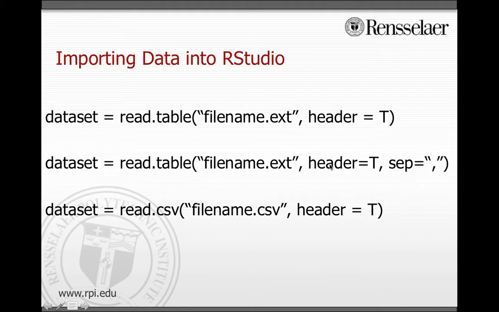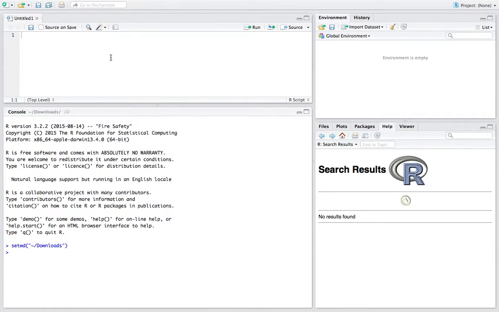The header field indicates if the first line of the file is a label, which is most often true. The separator field is useful for files like .csv files, where the separator is a comma, or tab delimited files. You can also use the read.csv function, which works in much the same way. For the example dataset we will be working with here, I will use the read.table function.